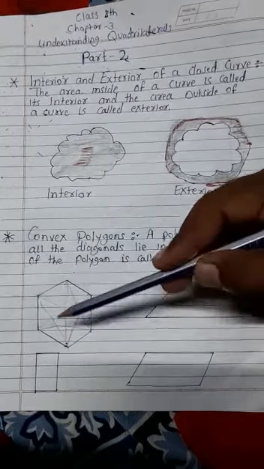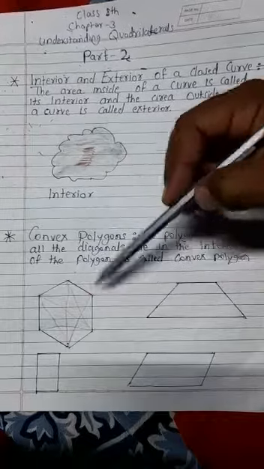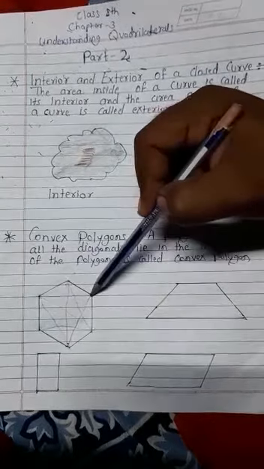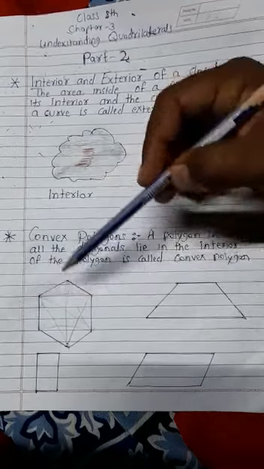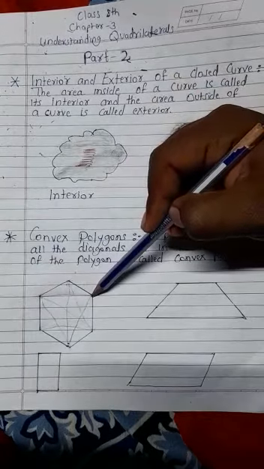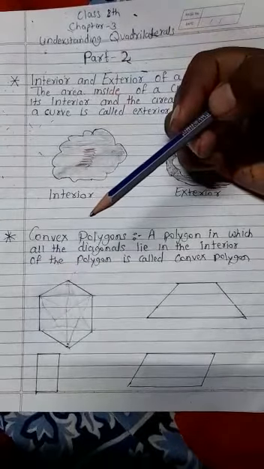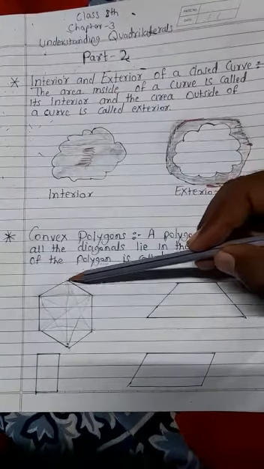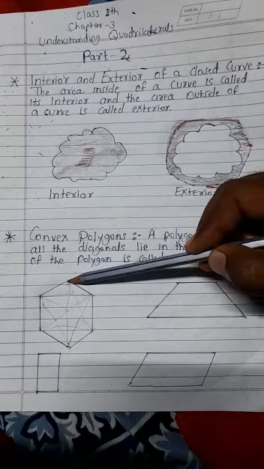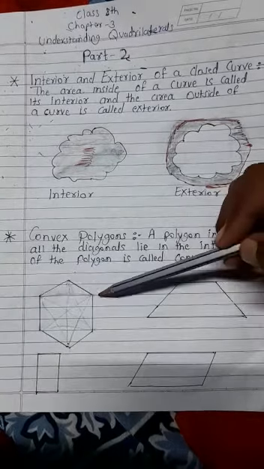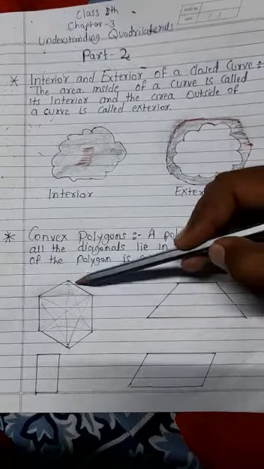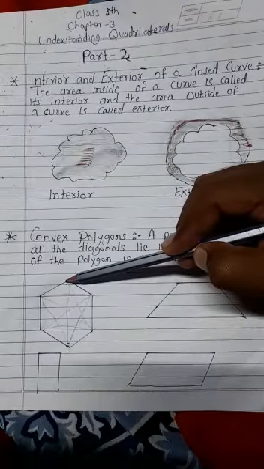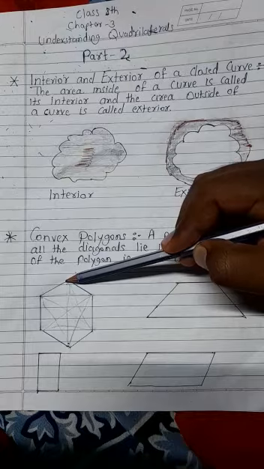The remaining will be non-adjacent vertices, so we can join it here. After joining this, we will get another diagonal. Similarly for the next one, its adjacent vertices are this one and this one, so we will join to the remaining point.